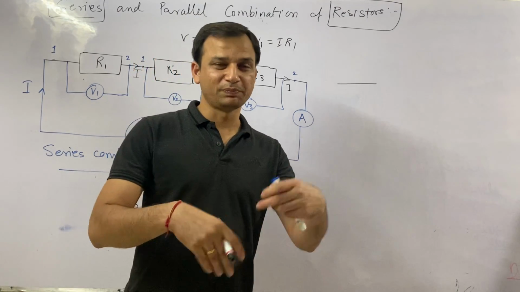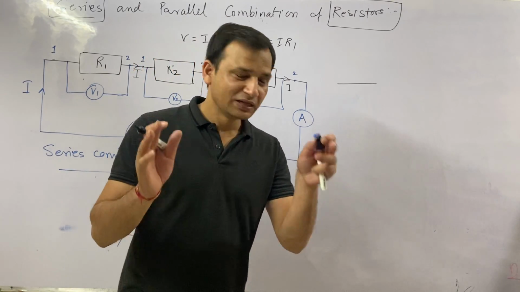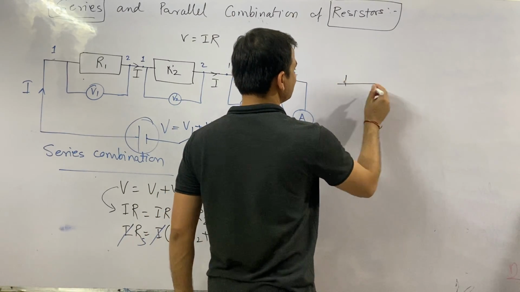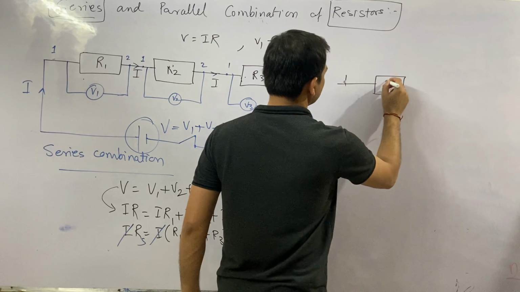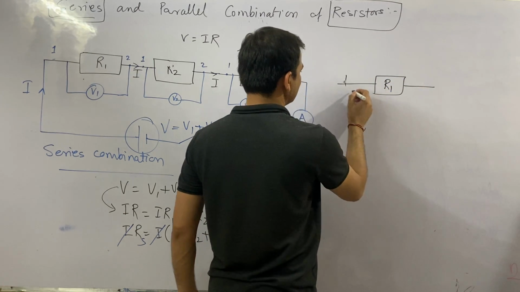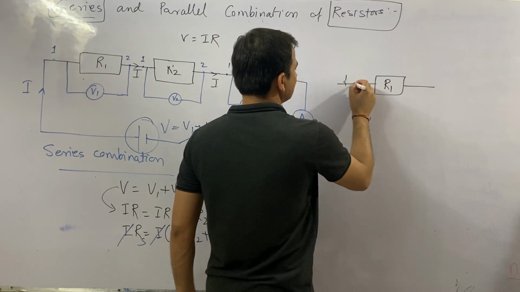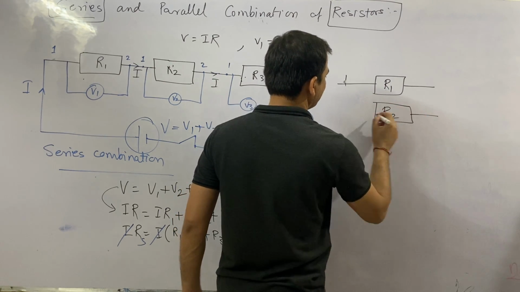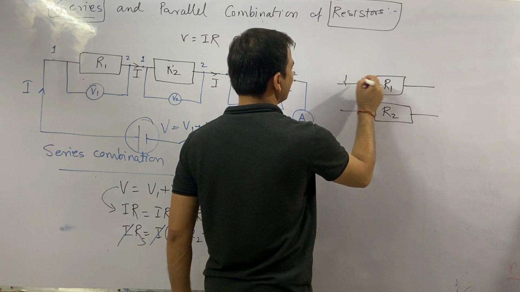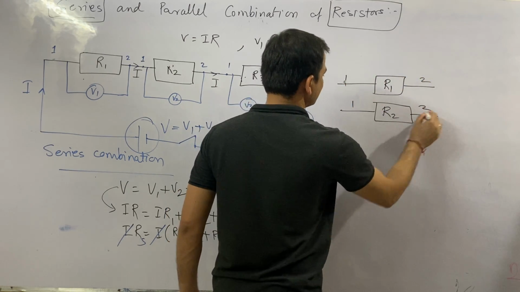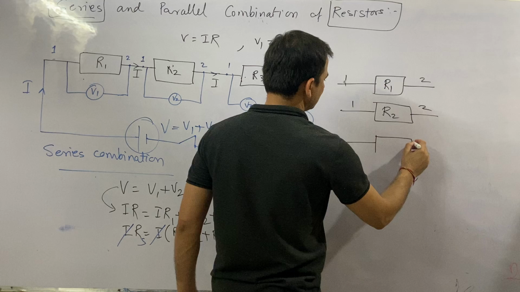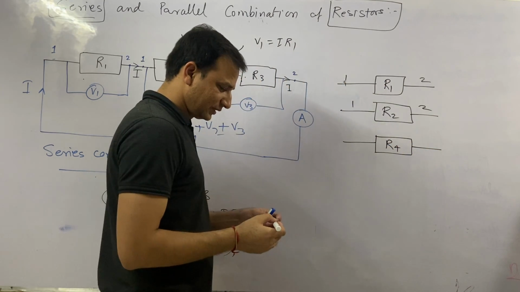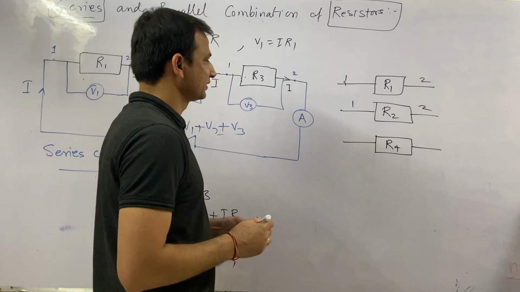There can be a complex circuit combination, but for simplicity, both the hands of the resistor, let's say this is R1 and this is R2, and 1 and 2 and 1 and 2, and this is R3. You can take many more, but simply we are taking R1, R2, R3.